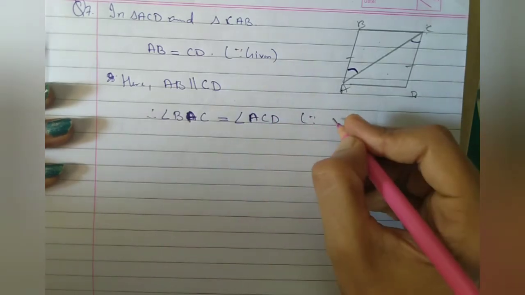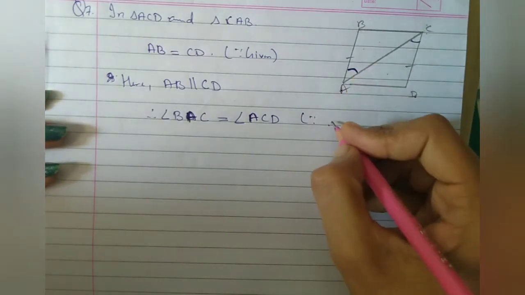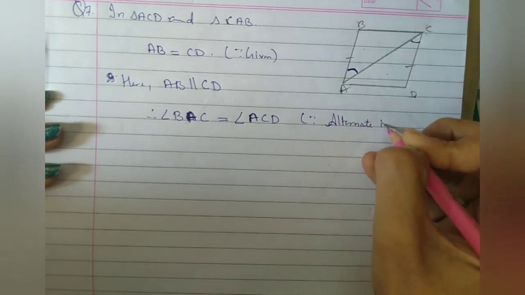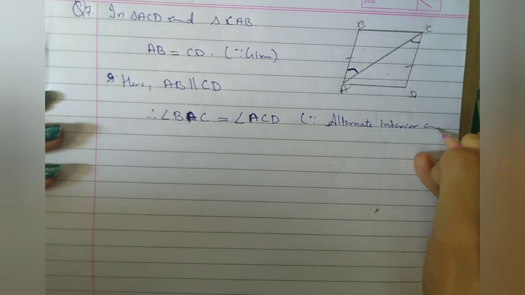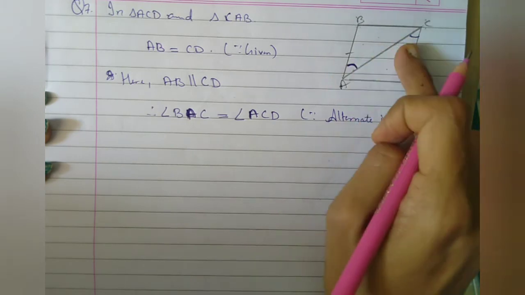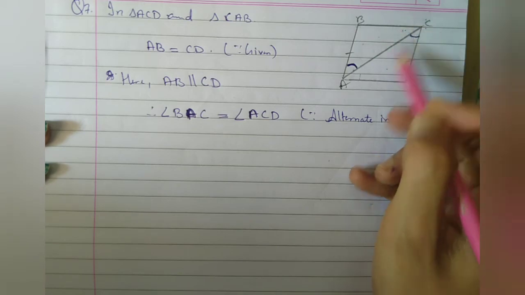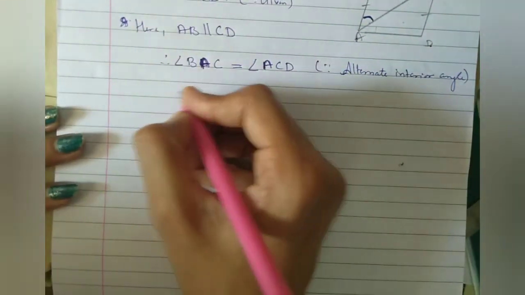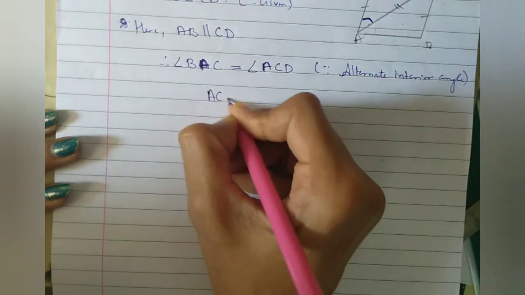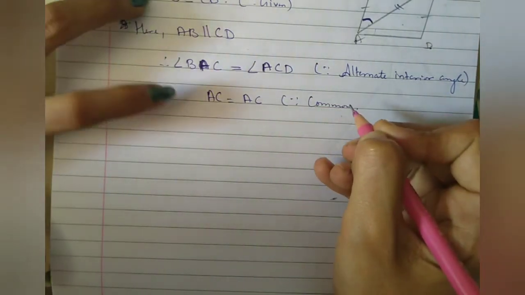Why? Because of alternate interior angles. Here these two lines are parallel, so alternate interior angles are the same. Another thing, this side AC is common in both, so AC equal to AC. Why? Because common.